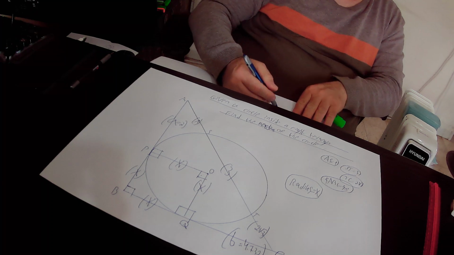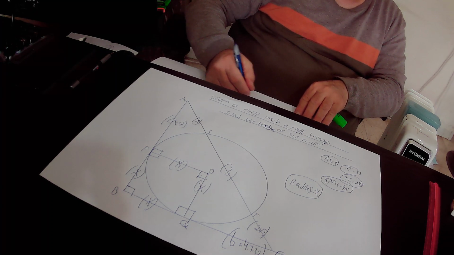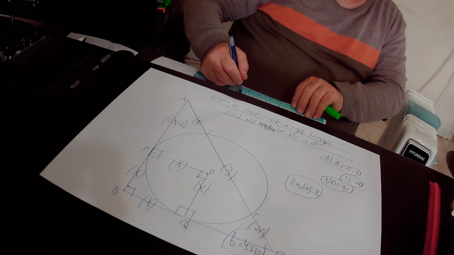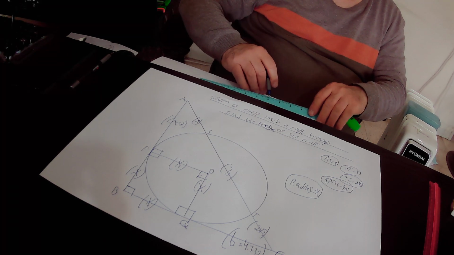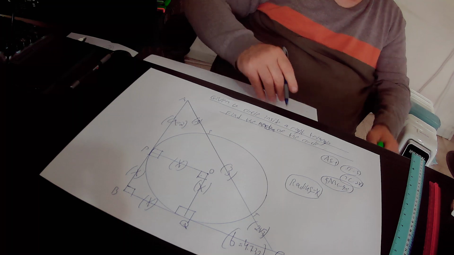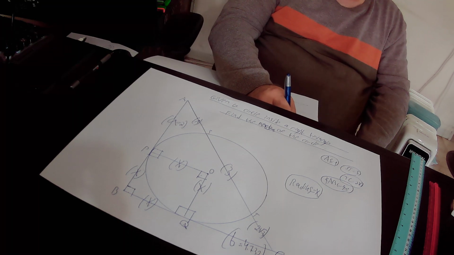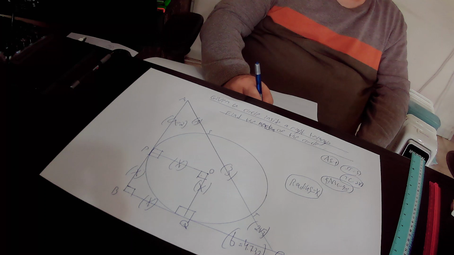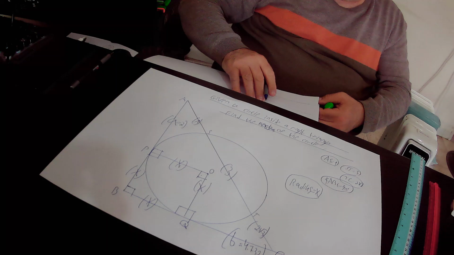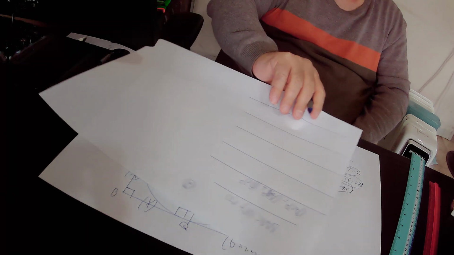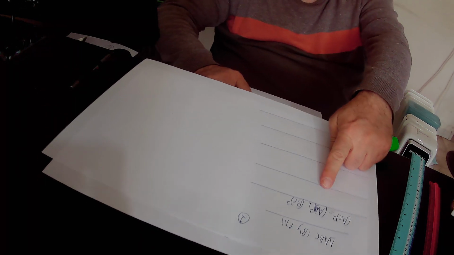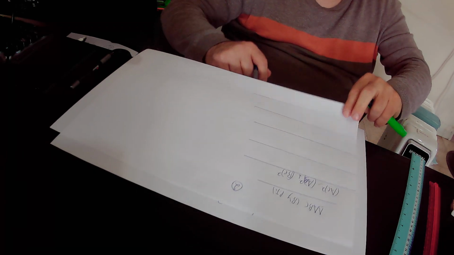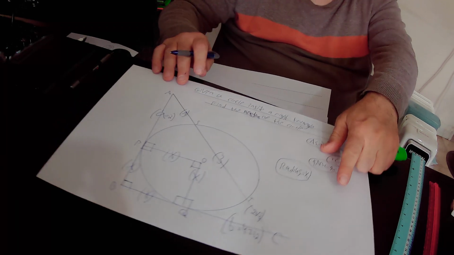In the right triangle ABC, the hypotenuse is AC, therefore the square of the hypotenuse is AC squared. So AC squared must be equal to AB squared plus BC squared. Repeat again, according to the Pythagoras theorem, in triangle ABC, AC squared equals AB squared plus BC squared.